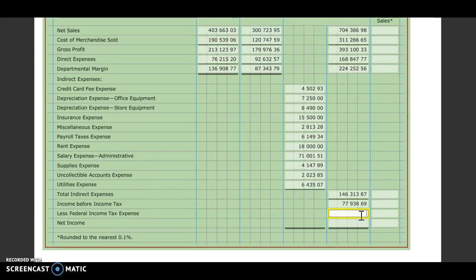Then I'm going to subtract my federal income tax expense. That's going to come from my adjusted trial balance, so 14,749.15. And subtract that. And for my net income, I should get 63,189.54.